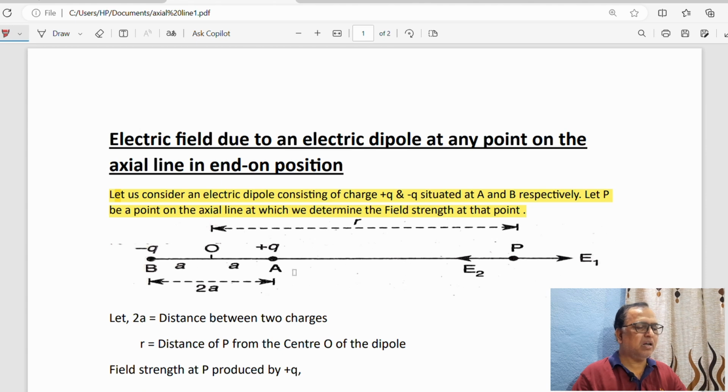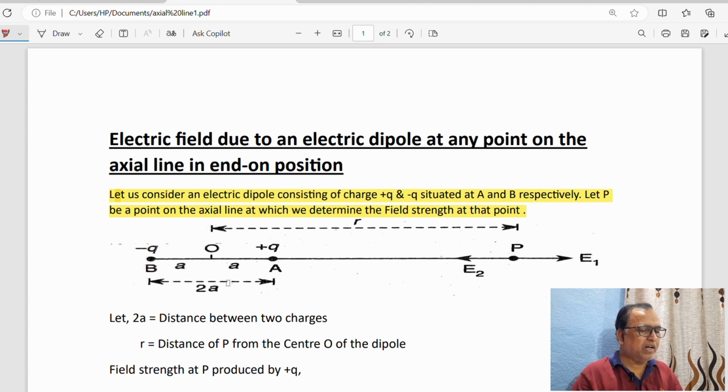AB is an electric dipole. At A, the charge is plus q. At B, the charge is minus q. O is the center. 2a is the distance between the two charges.